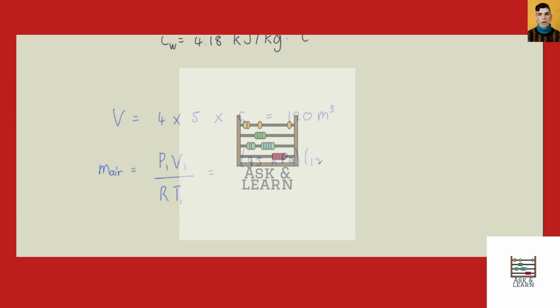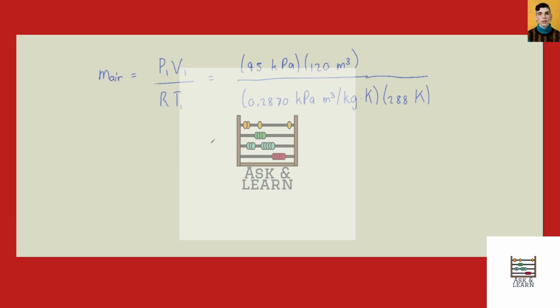The volume we calculated to be 120 cubic meters over the gas constant for air at room temperature, which is 0.2870 kilopascal meter cubed per kg Kelvin, and the initial temperature of the room is 288 Kelvin. So the mass of air in the room is 137.9 kg. So we have the volume and the mass of the air.